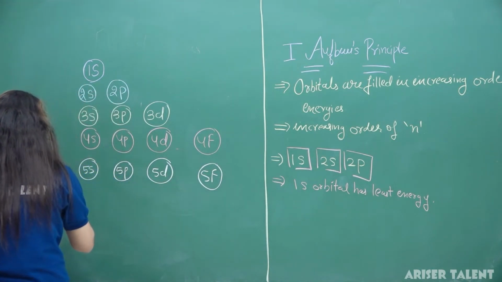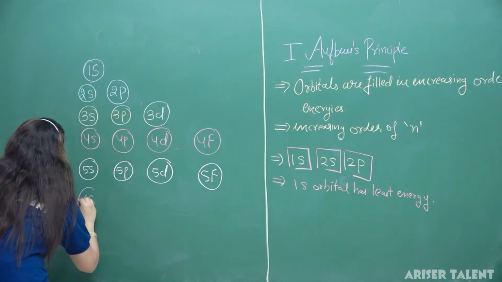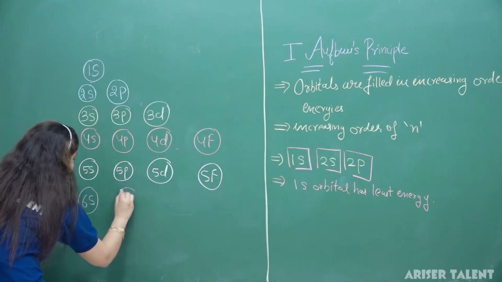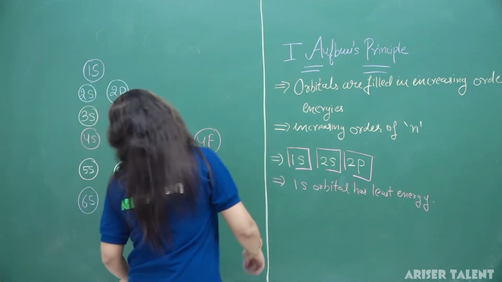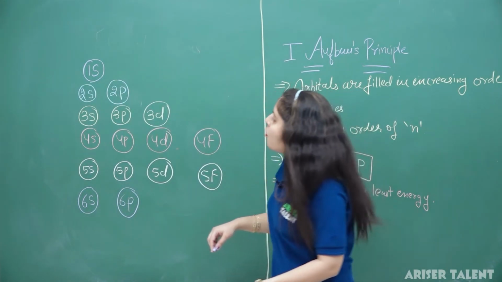Now we have 6s and 6p. So this is the diagrammatic representation of the Aufbau principle.